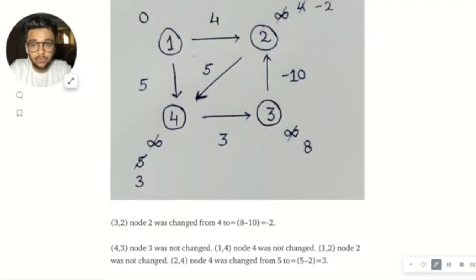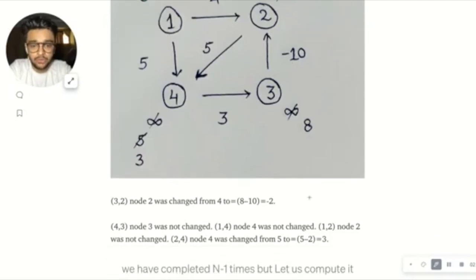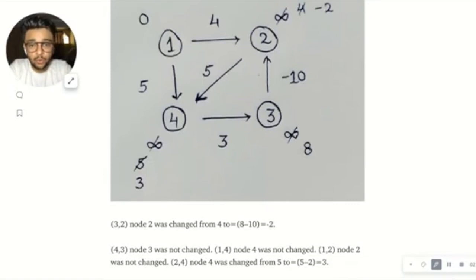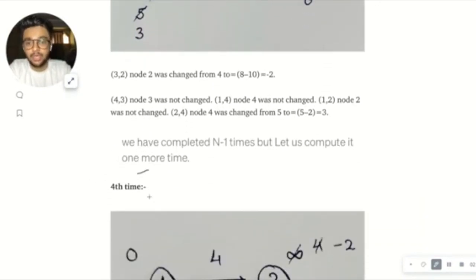And 1 to 2: 0 plus 4, and 4 is greater than minus 2, so there would be no change. And for the last edge, 2 to 4, there would be a change. 5 minus 2 is equal to 3, and 3 is less than 5, so 5 would be changed to 3. Okay. We have completed n minus 1 times, which are required in the Bellman-Ford algorithm.